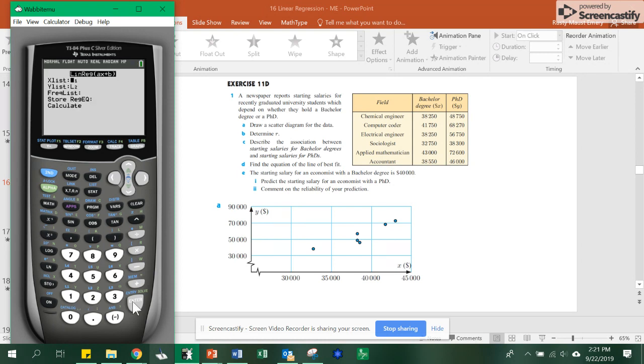And this will be a calculation we do not just for calculating R, but for finding the line of best fit in more detail. Notice how L1 is already there, L2 is there, and then there is no frequency list. If you had something in this frequency list, make sure you clear that, and then calc. Hit enter, and this is the screen you should see if you typed everything in correctly.